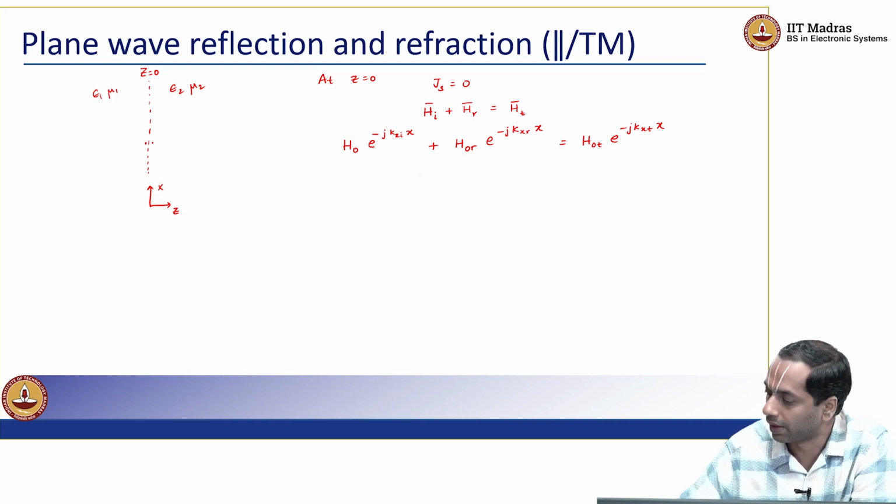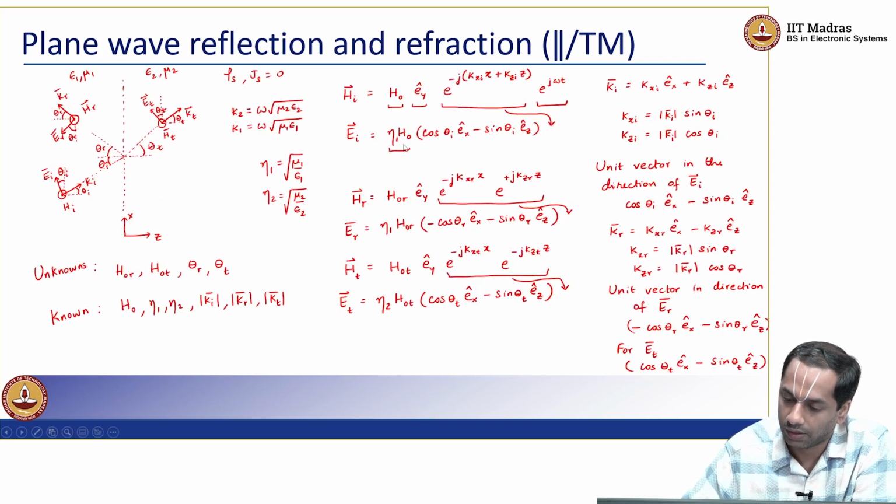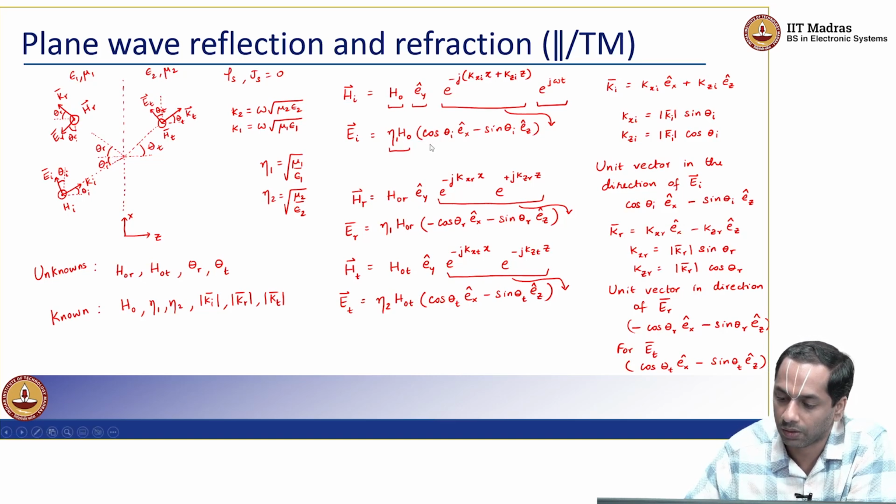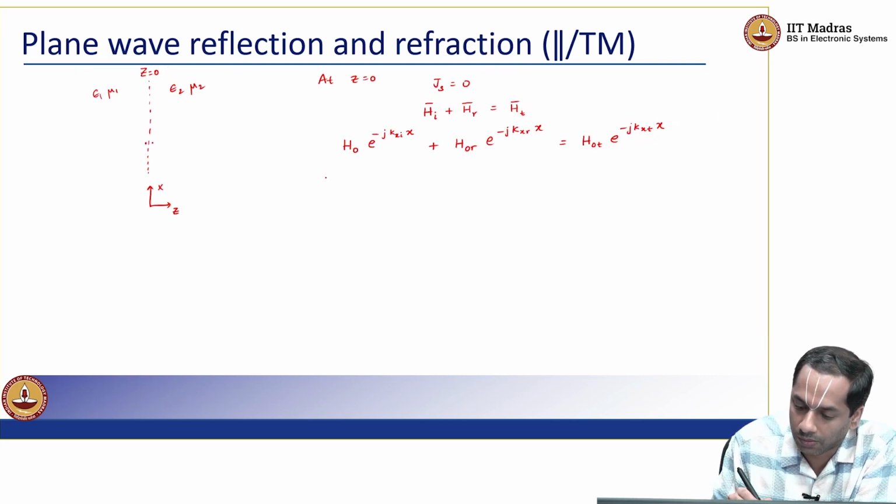So if I were to look at the component of the electric field that is oriented in the x direction, I am getting that to be cos theta i Ex, so eta 1 H0 cos theta i e to the minus j kxi x.